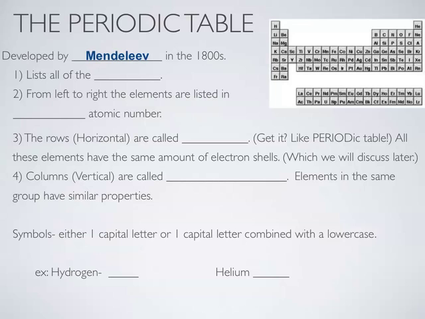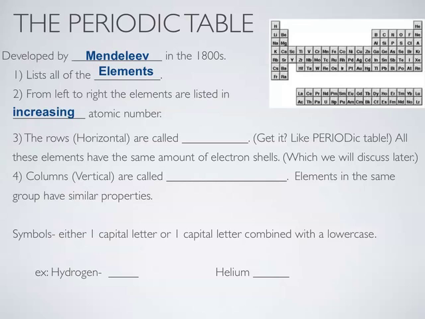And so the periodic table lists all the elements, and it goes from left to right, increasing in atomic number. So if you look at your periodic table, if you start in the top left with hydrogen, its atomic number is 1. If you go across to helium, that's number 2.